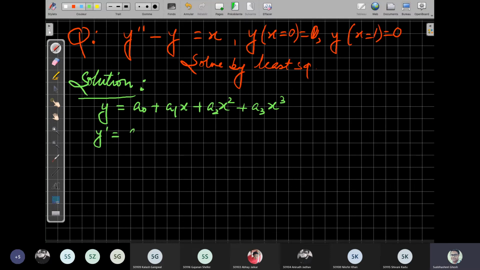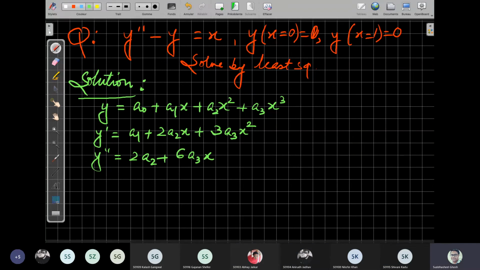It will become a1 plus 2 a2 x plus 3 a3 x square. And y double prime equals 2 a2 plus 6 a3 x. Have I written correctly? Yes, sir. Okay, now what?